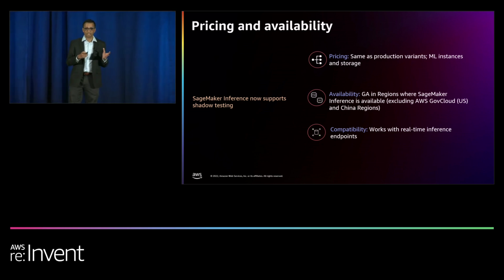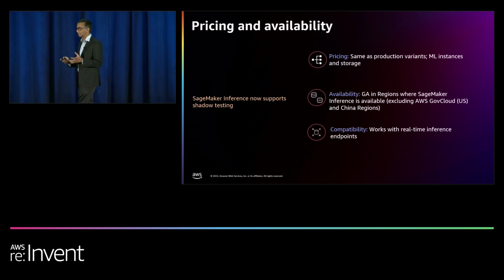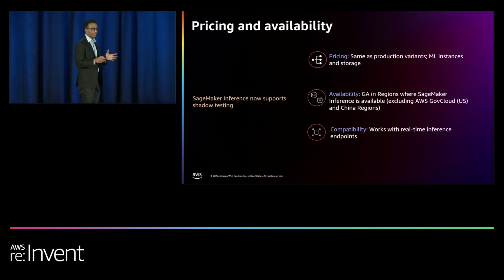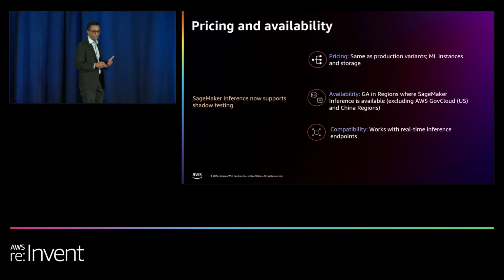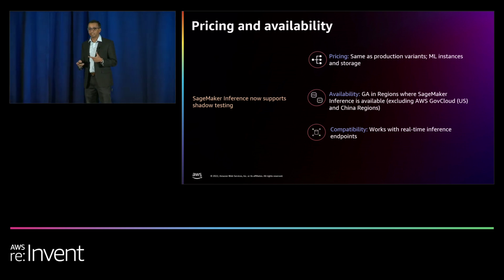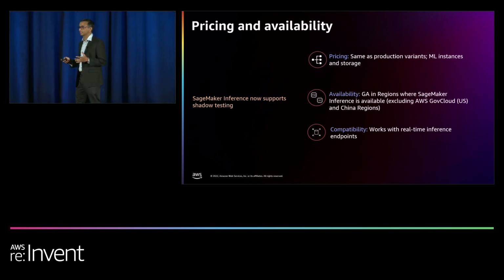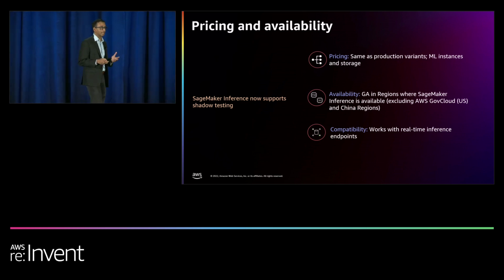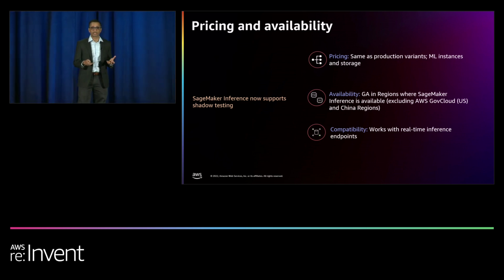So you still pay for the ML instances and the storage associated with the shadow variants, but you are not charged for the data processing, right? And then this feature is available in GA where SageMaker inference is available, except for China and US Cloud regions. And this works with real-time endpoints.